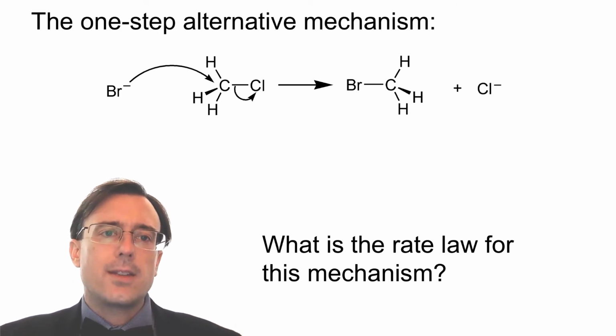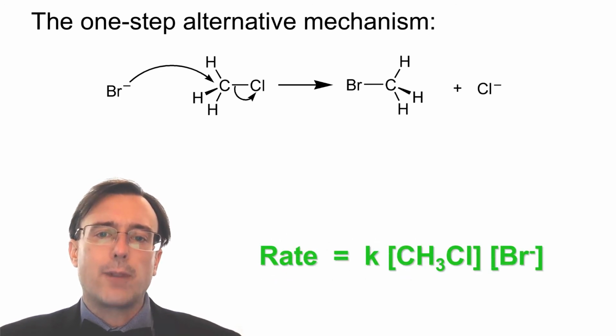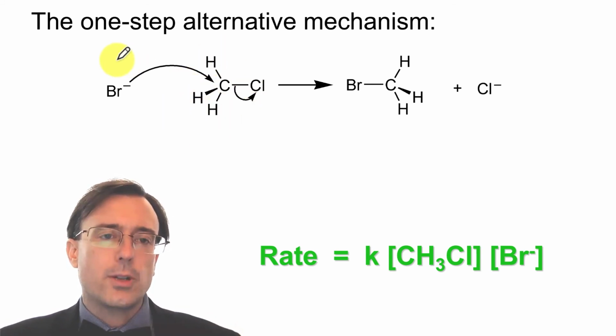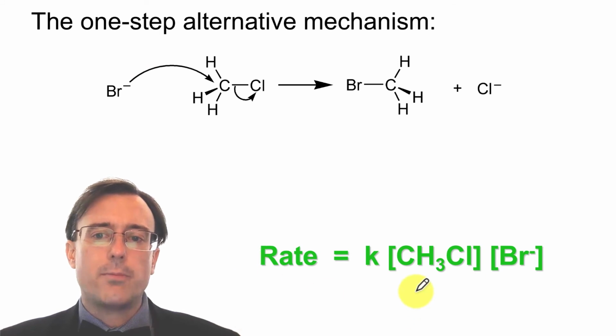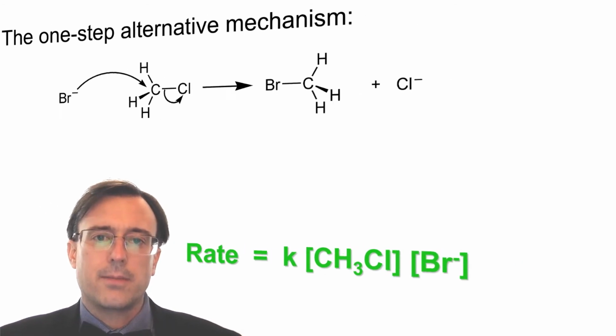Well, because this is a bimolecular process, you've got two things bumping into each other in that one elementary step. The rate law is going to be a rate constant times the concentration of this species times the concentration of this species. And so you have both of those appear in the rate law. This, therefore, is overall second order because it's first order in both of the chemical reactants.